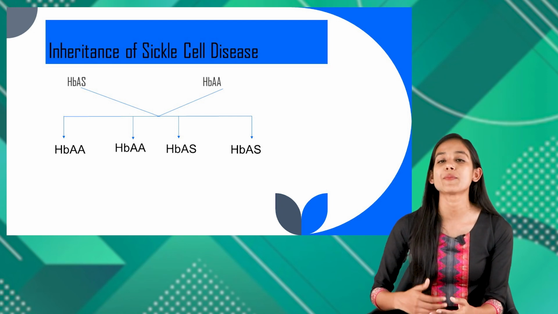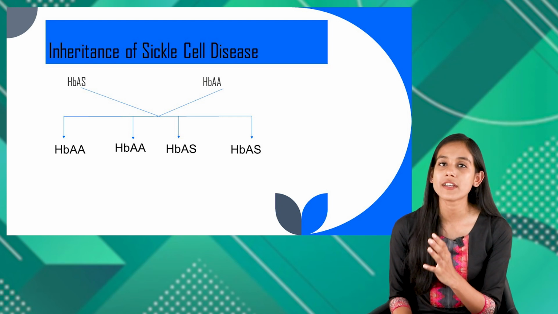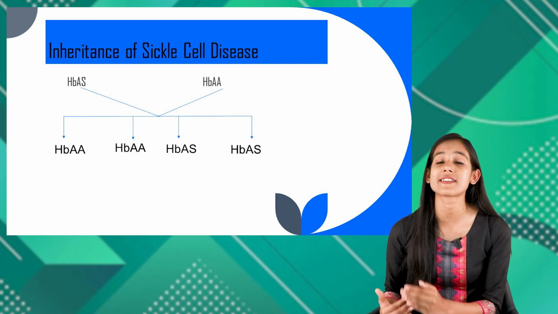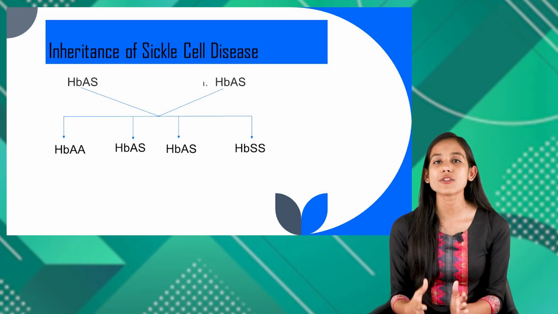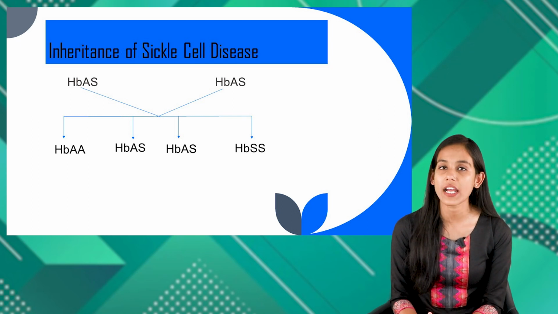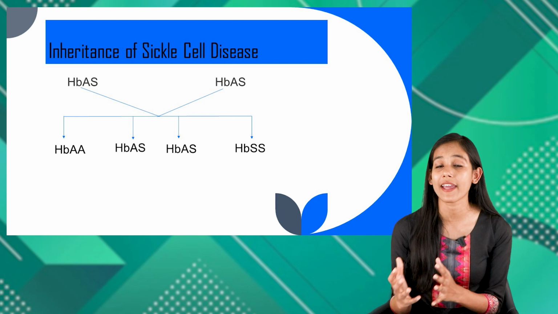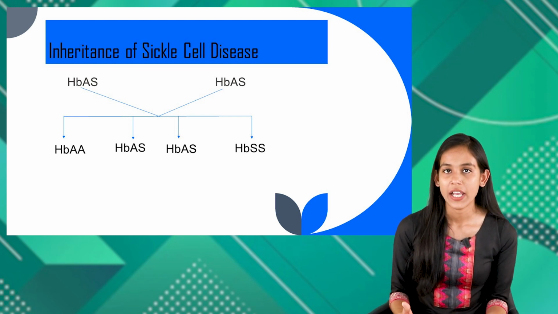In that case, they would become a carrier, because it is a recessive disorder, and they have to receive HbSS in order to be affected with sickle cell anemia. And there is also a 50% chance that the child will get the completely healthy gene, HbAA. In that case, they would be completely healthy.